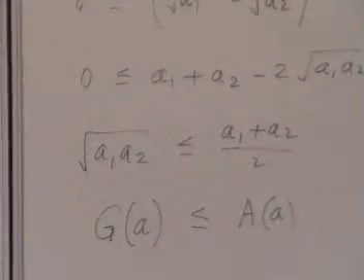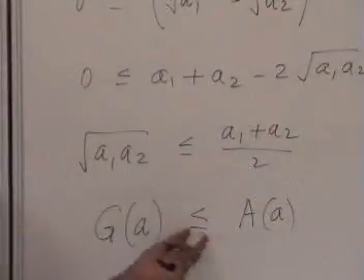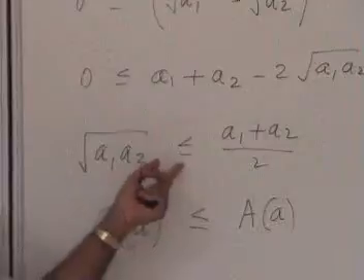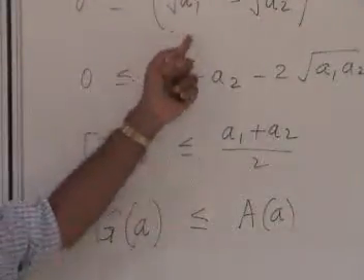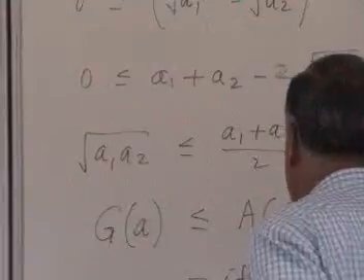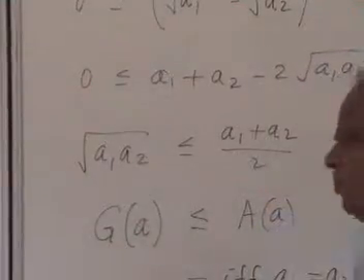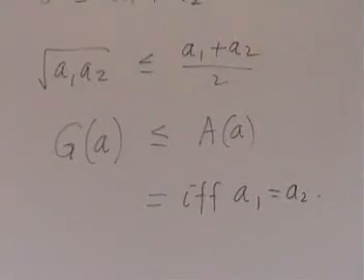Okay. Now when will equality take place here? When root a1 equals root a2, that is, a1 equals a2. So equality only when a1 equals a2. And that is the simplest arithmetic-geometric mean inequality.